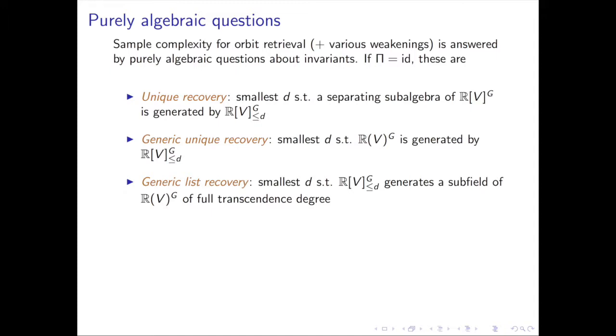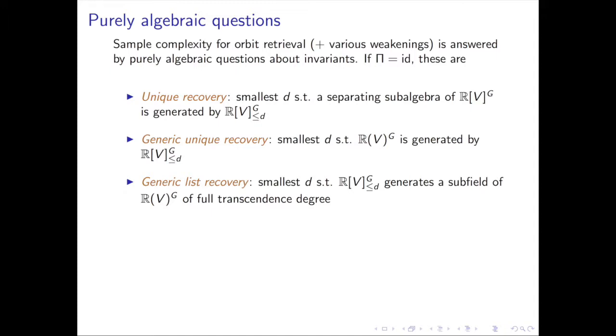May I ask a question? When you say that it's unique recovery, it's sort of strongly unique, because it's unique even over the complex numbers? Yeah, that's right. But if you would like to find a unique real number, you might relax the condition on the d, right?